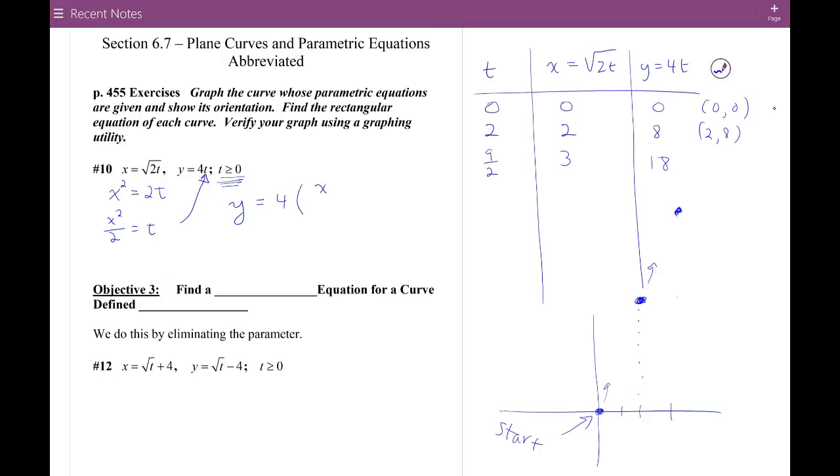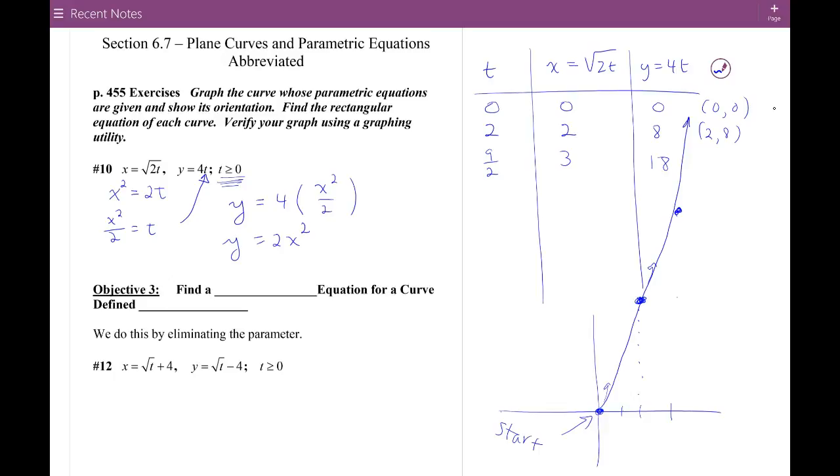I get 4x squared over 2, so I get y equals 2x squared, which we know is a parabola. So it's a parabola that keeps on going, but we only are getting the right half of the parabola because of the way it's parameterized and with the t being positive only. So you only get one side of the parabola in this way.